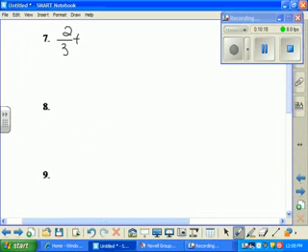Alright, 7 says 2/3 t minus 11 equals 64 minus 4 1/3 t. Okay, which side do I want to bring my variables to, left or right?